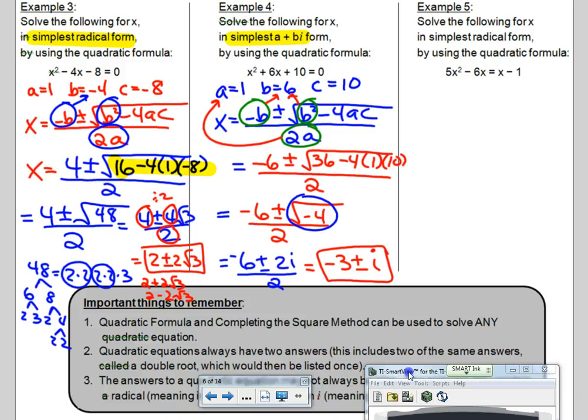number 5. Again, this one is not in standard form. So just remember, you have to always start off with standard form first, and then from there decide what you want to do. Factor it, use completing the square method, or the quadratic formula. So we're going to have to subtract the x over and add the 1 over.